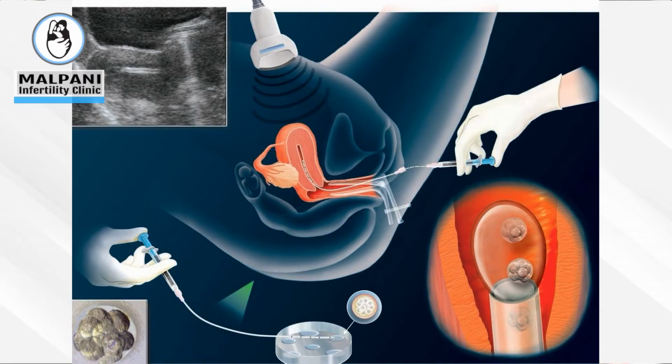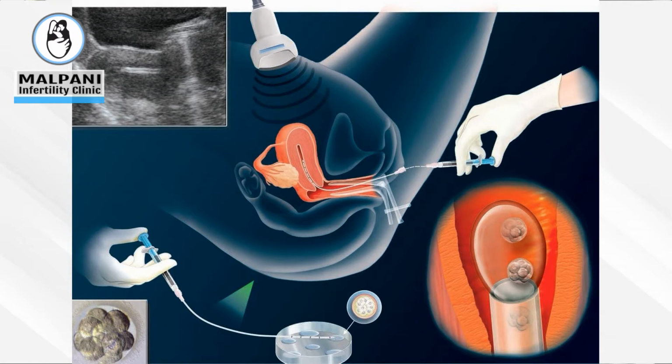And the doctor then puts this embryo transfer catheter with the embryo inside your uterus, preferably under ultrasound guidance so they can see what's happening, and then injects this embryo into your uterus. This mechanical procedure is called an embryo transfer.